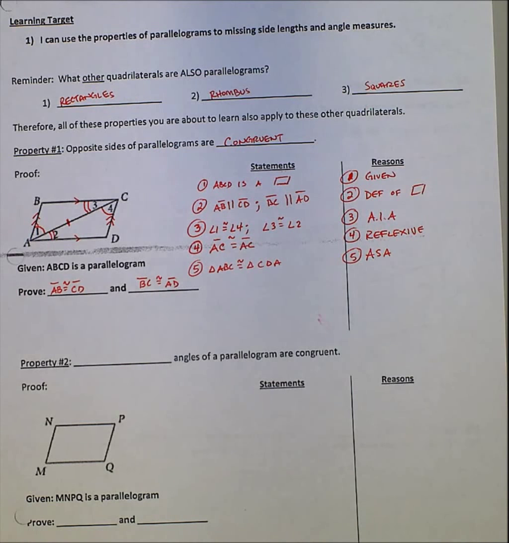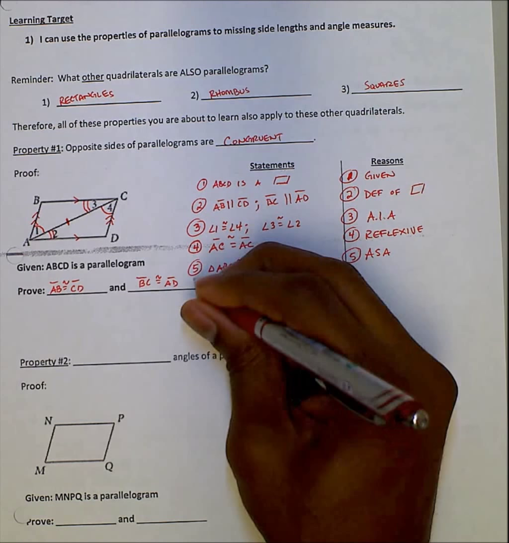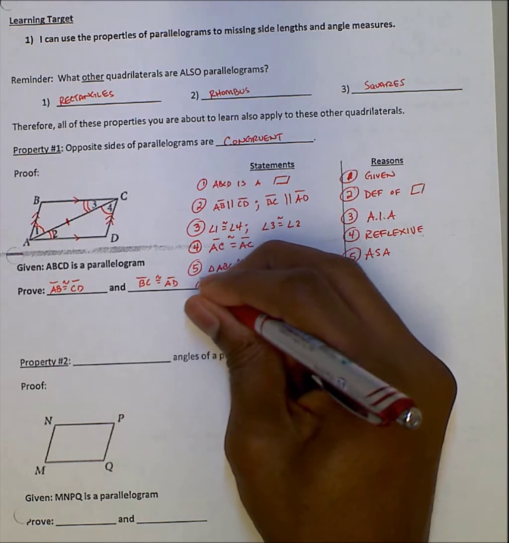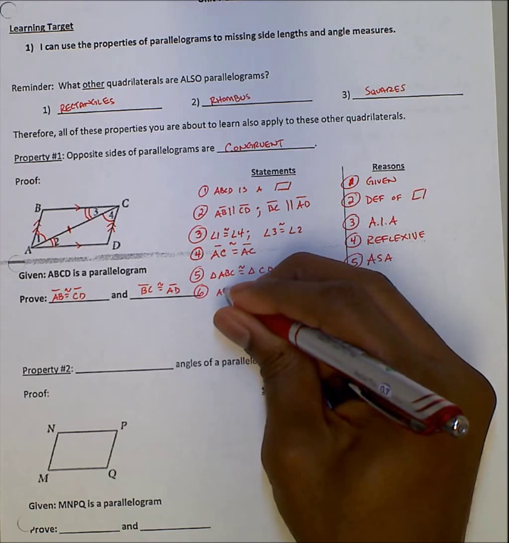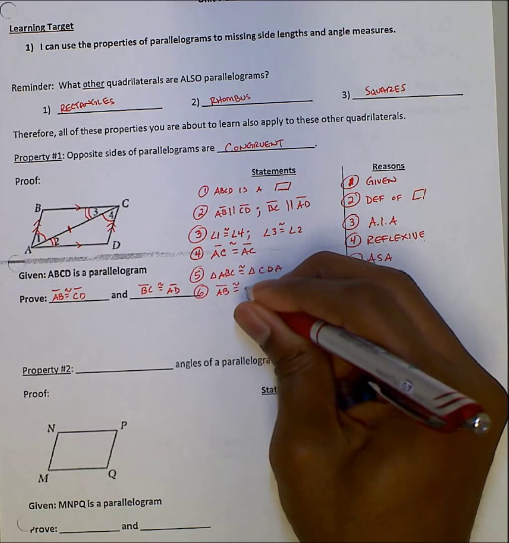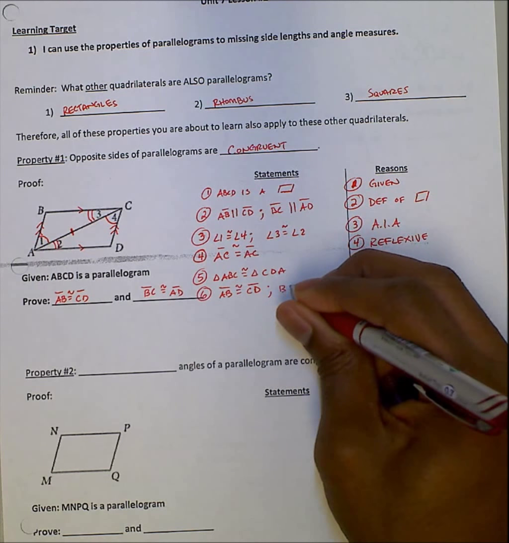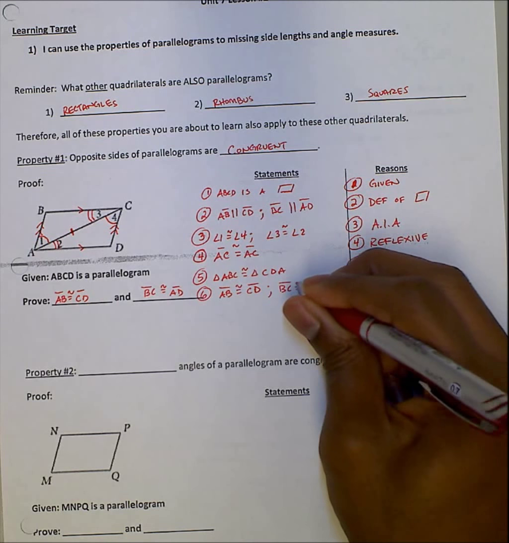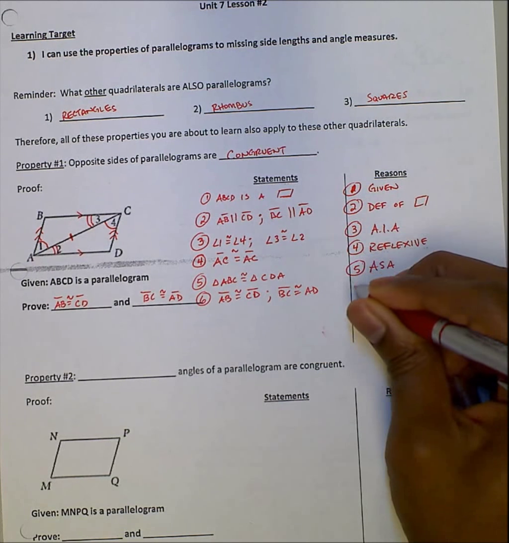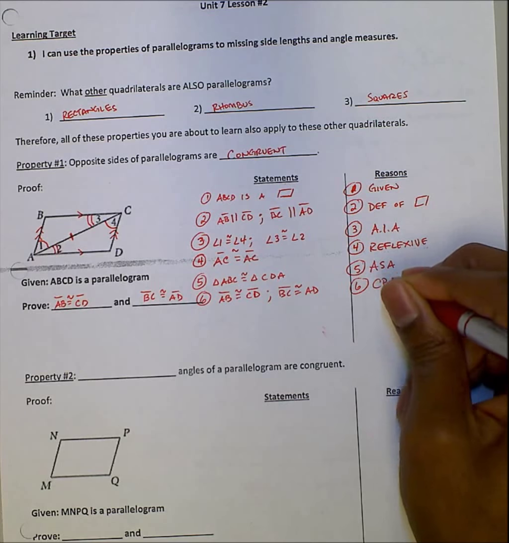And so because those two triangles are congruent to each other, and I'm trying to prove parts of the triangles congruent, I can say that these parts should be congruent to each other. So AB is congruent to CD, and also BC is congruent to AD. Okay, both of those because of CPCTC.